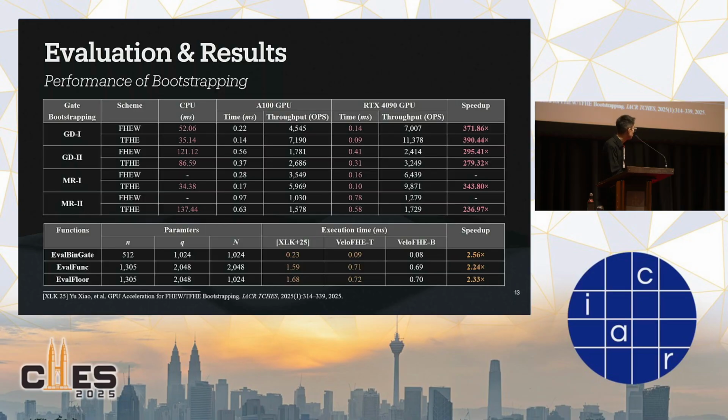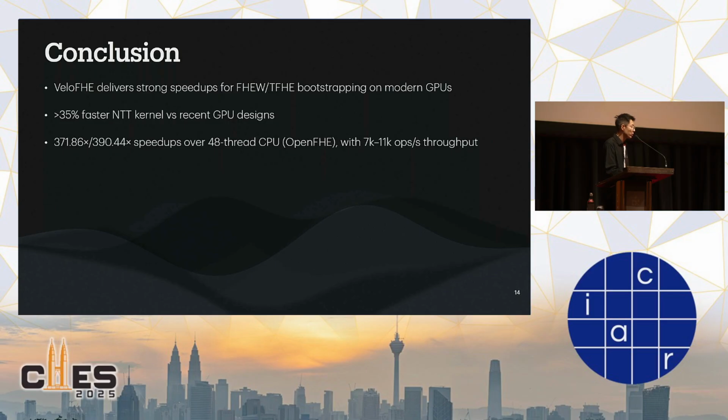This is their paper. Also, they will talk about this paper this afternoon. So in conclusion, our Vela FHE delivers strong speed up for both schemes on GPUs, with more than 30% faster GPU kernels versus recent GPU NTT work, and has gained more than 300 times speed up over multi-threaded CPU with over 7,000 operations per second as the throughput.